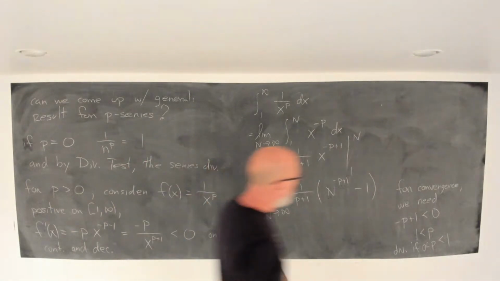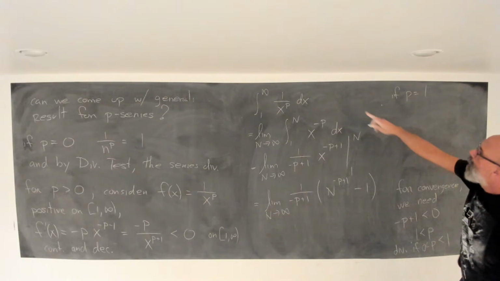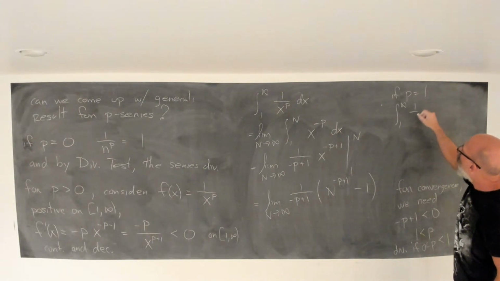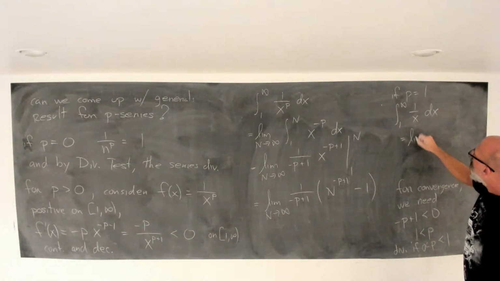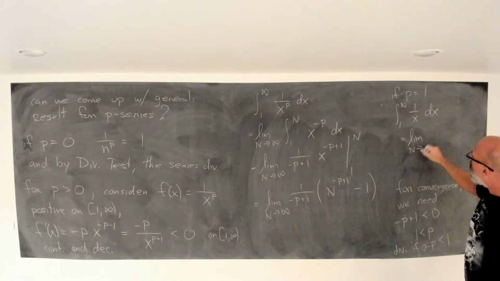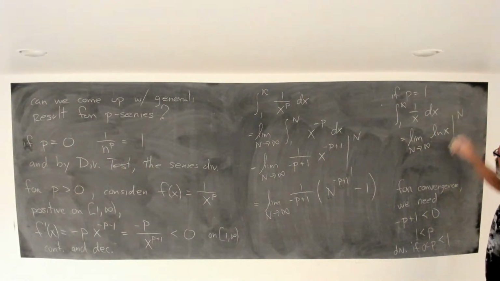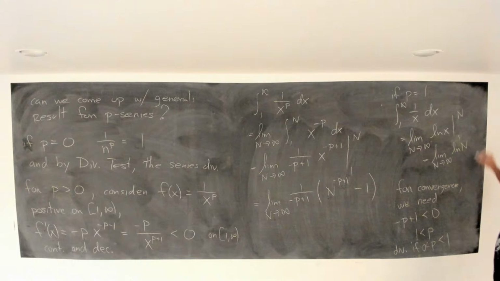And if p is equal to 1, then we are looking at the integral of 1 over x, which is the limit as n goes to infinity of ln x from 1 to n, which is ln n, which is equal to infinity.